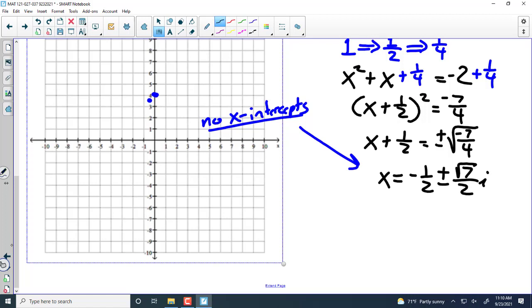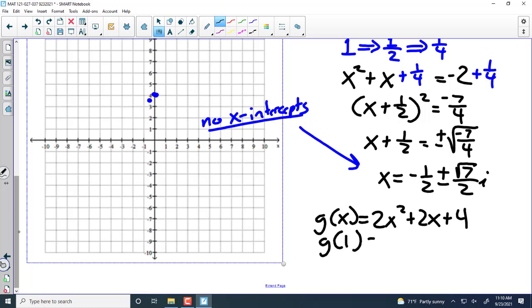And I'll tell you, even though the zeros are imaginary, this is not that ugly of an equation. Does everyone see that? That's not that ugly. It's not that bad to plug numbers in there. You could plug like a 1 in here, for instance, and if you plug a 1 in here, you're going to get an 8. If you plug a negative 2 in here, you're going to get an 8.